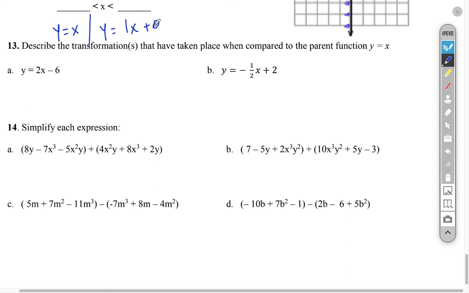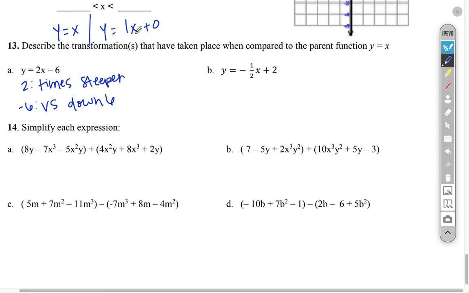So that's what we're looking at. So our slope went from 1 to 2. So we are 2 times steeper. And then our b went from 0 to -6. So that's a vertical shift down 6.